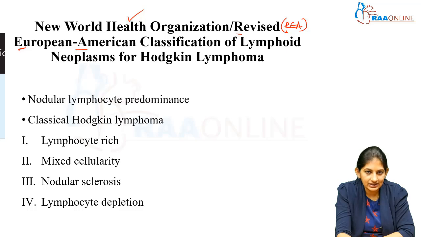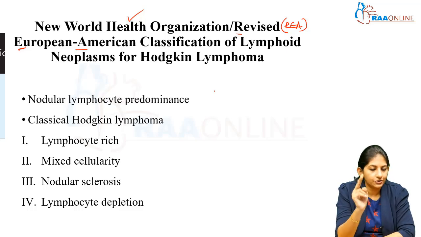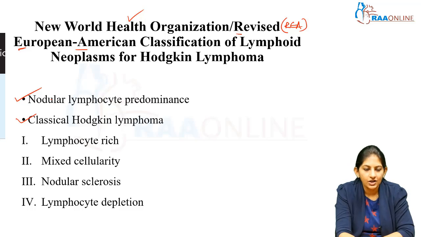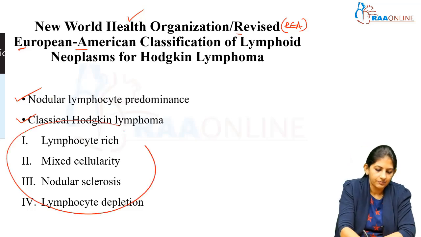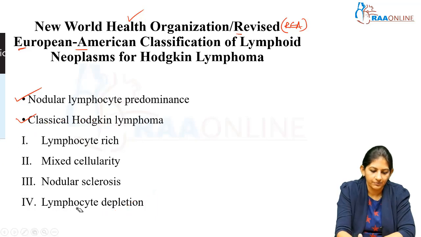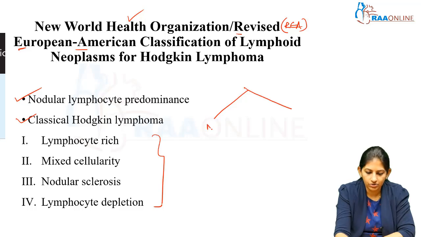What is new in this classification is that it is broadly divided into two: the nodular lymphocyte predominance and the classical Hodgkin lymphoma. All the subtypes come under classical Hodgkin lymphoma, right?